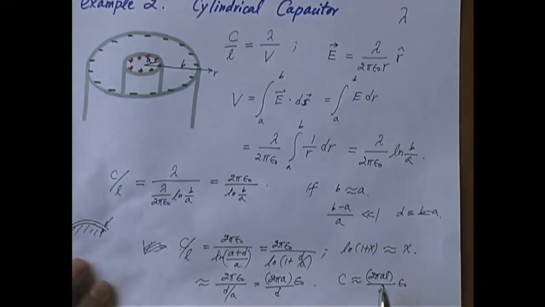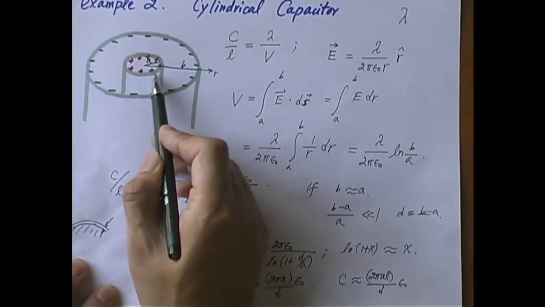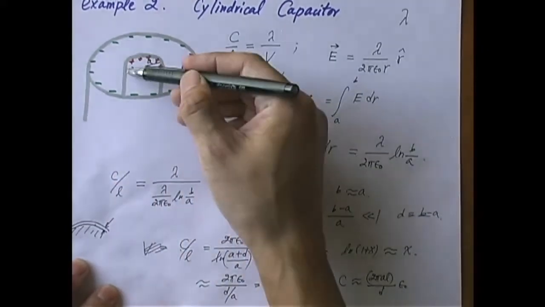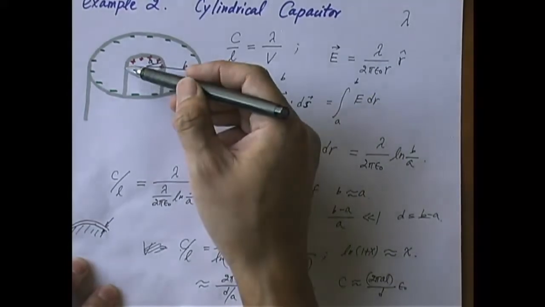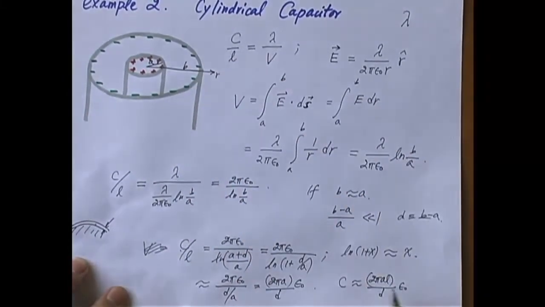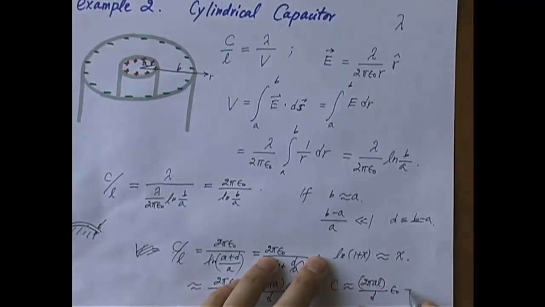Exactly what is 2 pi A times L? A is the inner radius, and therefore 2 pi A is the circumference, times L, the length along the cylinder. Isn't that the area of the inner cylinder, divided by D, the separation? So then this becomes A over D times epsilon naught.